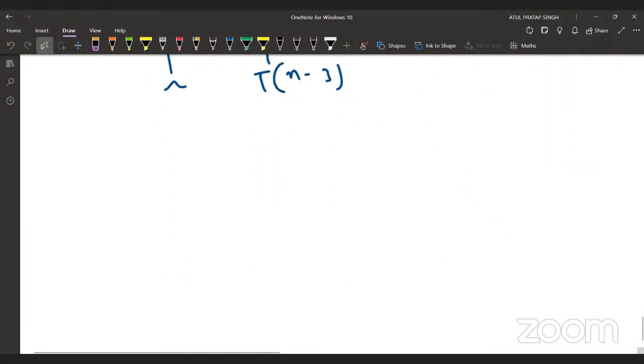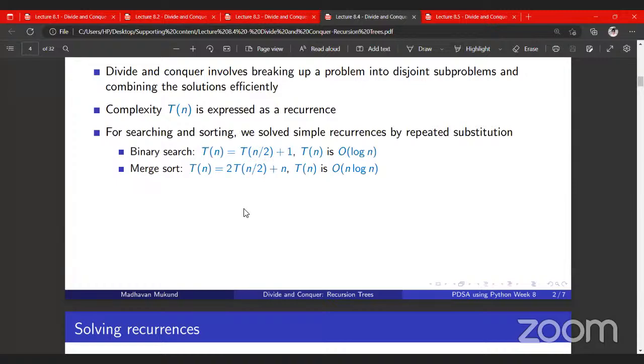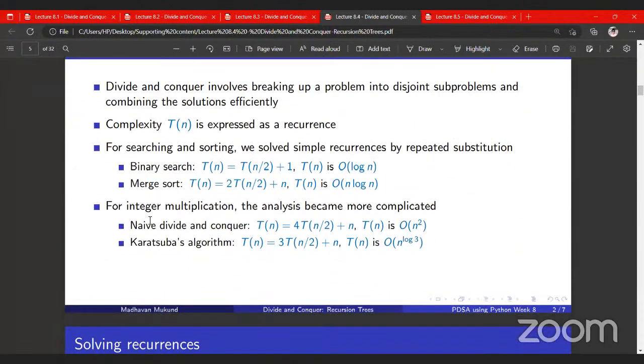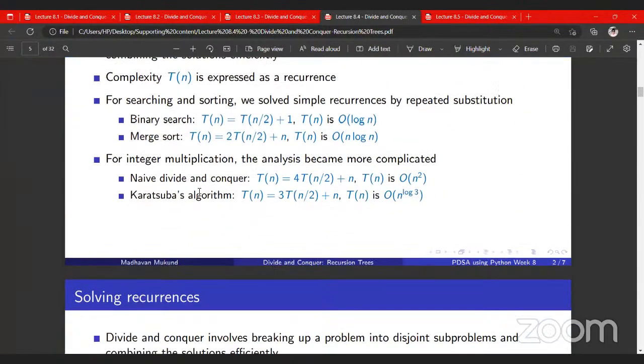Now, if you see the slides, sir explained these things. For merge sort, this is the recurrence relation, and this is the complexity. For integer multiplication, you have already seen the naive divide and conquer approach. This is the recurrence relation for it, where we make 4 calls on n by 2 elements, plus n operations as extra cost.